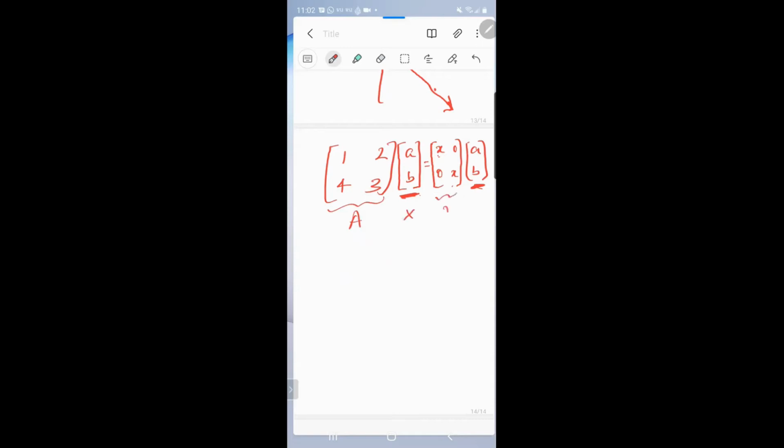This is my matrix lambda. This is my vector x again. So this matrix equation can be written as this more algebraic looking equation of Ax equal to lambda x. Is this clear now?